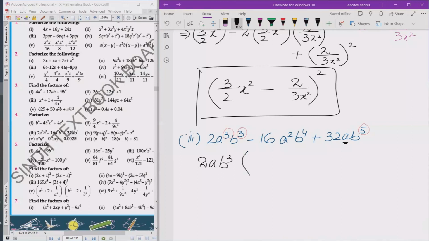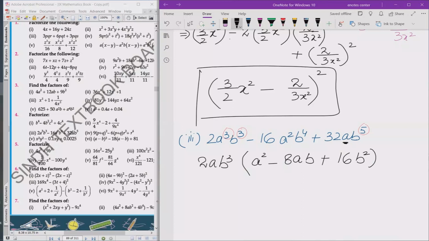So here we get the answer: A square, right? After that 2, 8, 16, and we have A here. And what about the B? B is single B here, and after that 2, 16. 2 multiplied by 16 is 32. A we have common here, we get the B square.